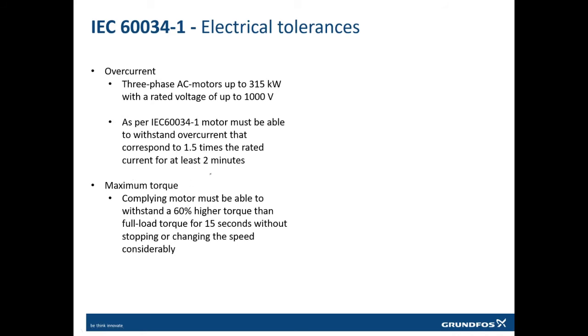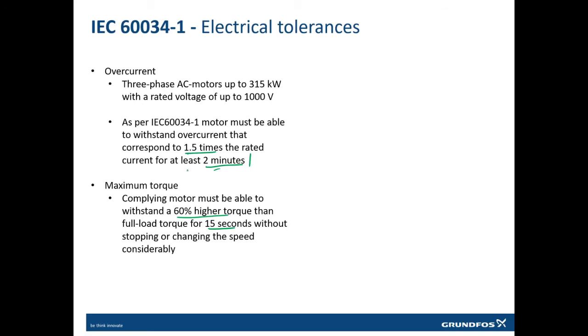These numbers are also helpful when you are making the protection unit for the motors, because these protection units are also designed based on the very same principle: if your motor is an IEC motor, your overload current should not go above 1.5 times for more than 2 minutes, or you should trip as fast as possible, in less than 2 minutes, if your motor current goes to 1.5 times.